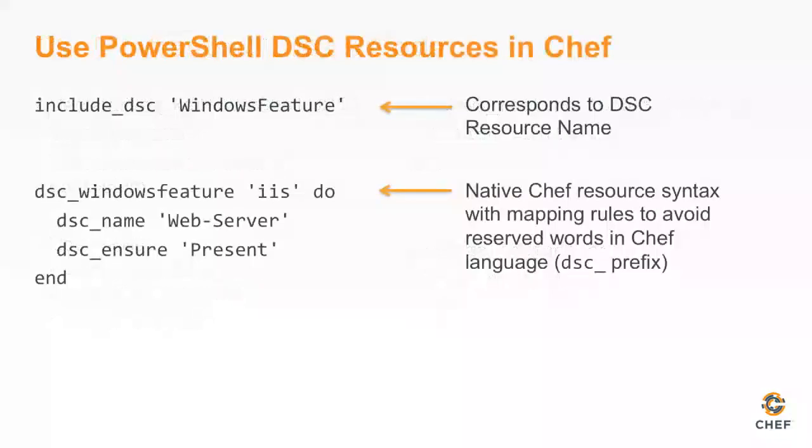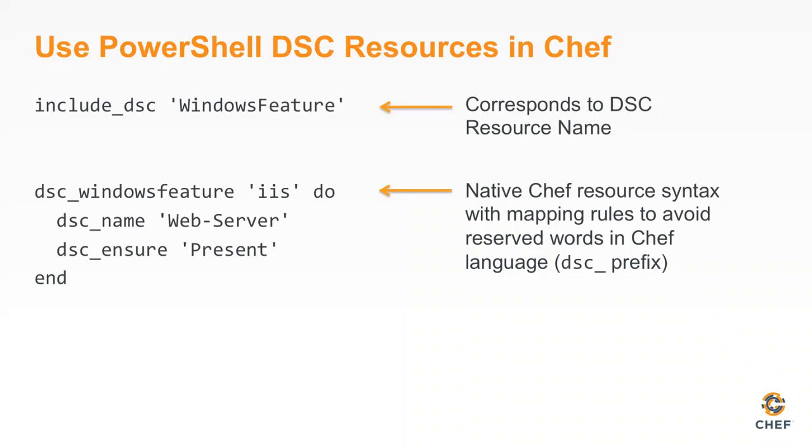Now, what we're showing today is all these DSC resources that are coming out of the box, and all the DSC resources that developers are writing and creating, whether it's in the resource kit with a lot of this X web administration stuff or any of the modules that we saw on that gallery. They can be invoked directly from Chef as a one-to-one mapping of resources. Where you might say import module, blah, blah, blah, you would say include DSC within your Chef context.